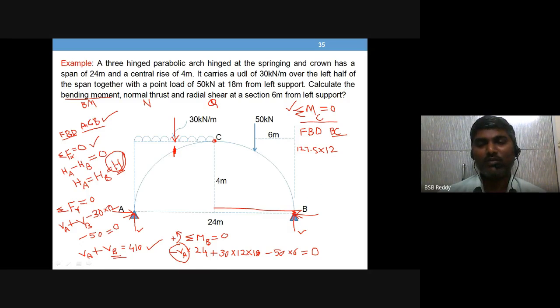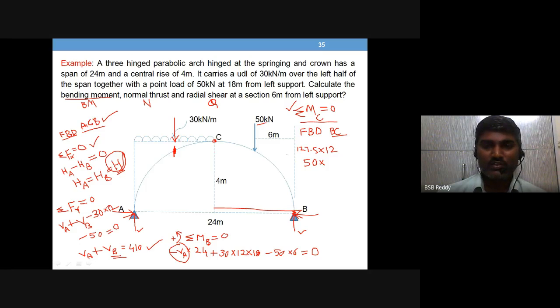Now, what is the moment that it is going to create? You see, anti-clockwise. So right anti-clockwise is going to have sagging, so positive. Right. What else you have? 50. So moment value 50 into what is the distance between load and C?